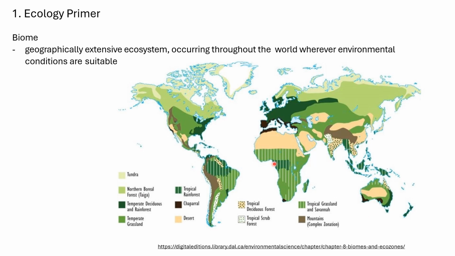If we look in Canada at these biomes, these geographically extensive ecosystems, I see a major ecosystem covering much of Canada, and that same system is covering much of Europe and Russia. That's the boreal forest, or you can also use the term taiga.